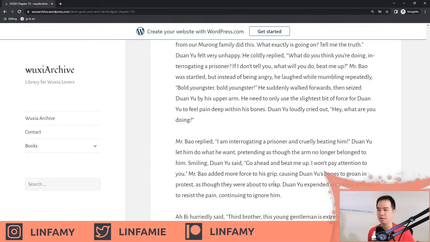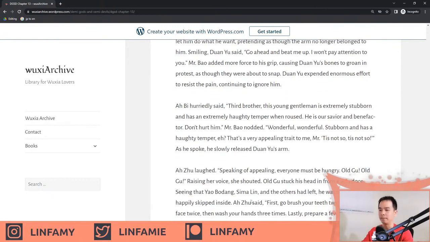Duan Yu let him do what he wanted, pretending as though the arm no longer belonged to him. Smiling, Duan Yu said, "Go ahead and beat me up. I won't pay any attention to you." Mr. Bao added more force to his grip, causing Duan Yu's bones to groan in protest, as though they were about to snap. Duan Yu expended enormous effort to resist the pain, continuing to ignore him.